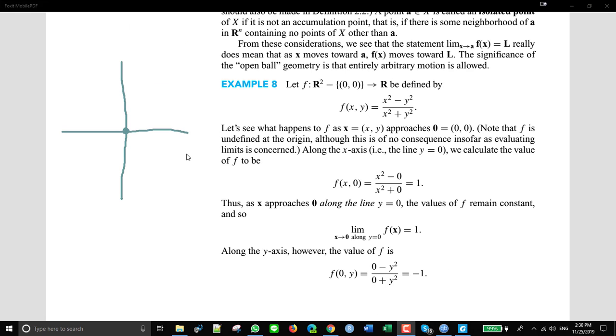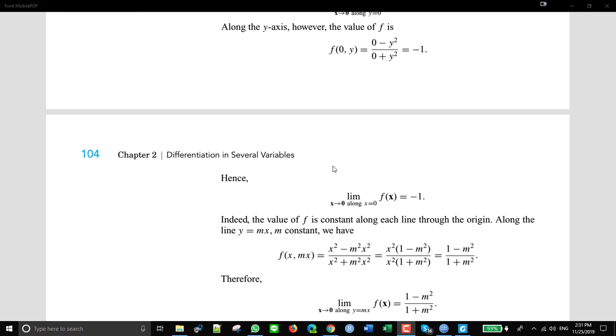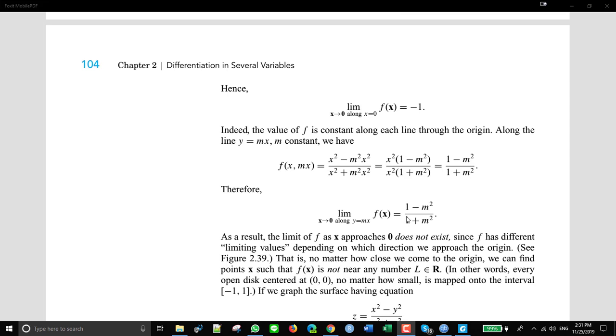What if we're approaching in this direction? Then M is, oh, whoops, we can't do M in that case because M is infinite. But for any other M, let's think about what this means.